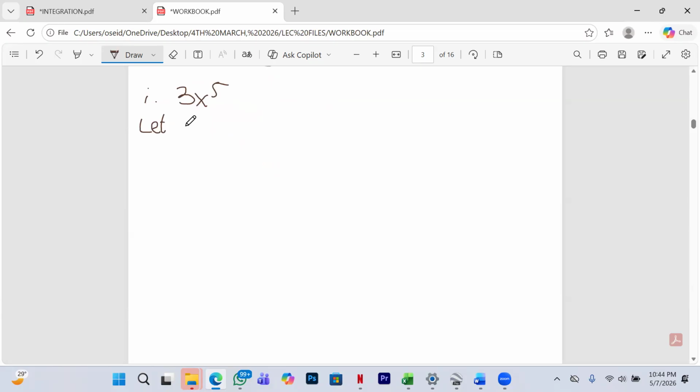So you see, let y equal the integral of 3x exponent 5 dx.